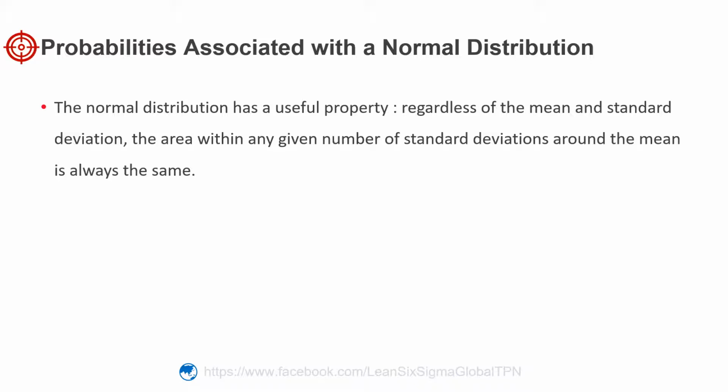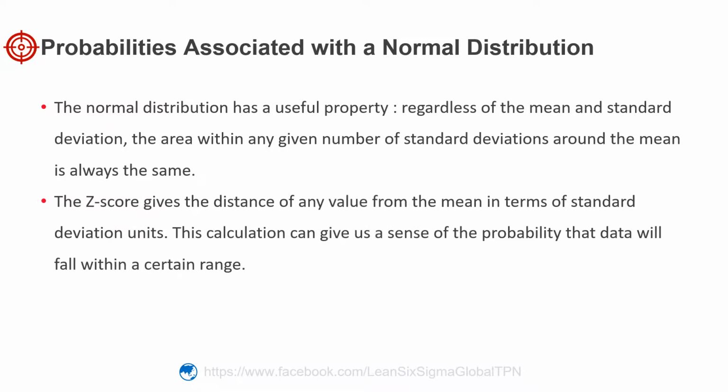We also learned that the z-score gives the distance of any value from the mean in terms of standard deviation units. This calculation can give us a sense of the probability that data will fall within a certain range.